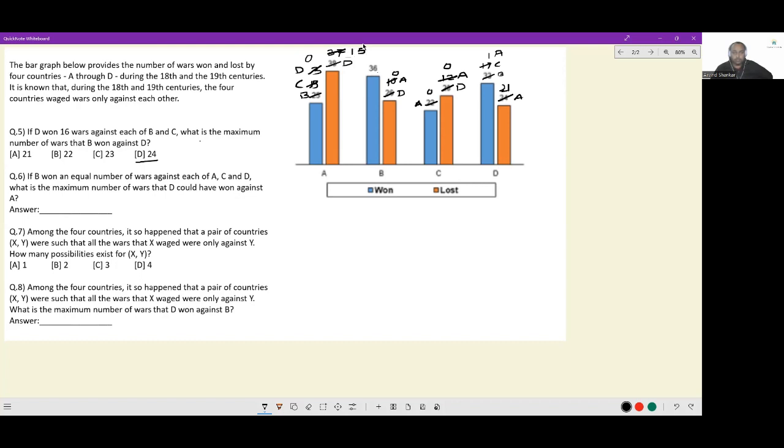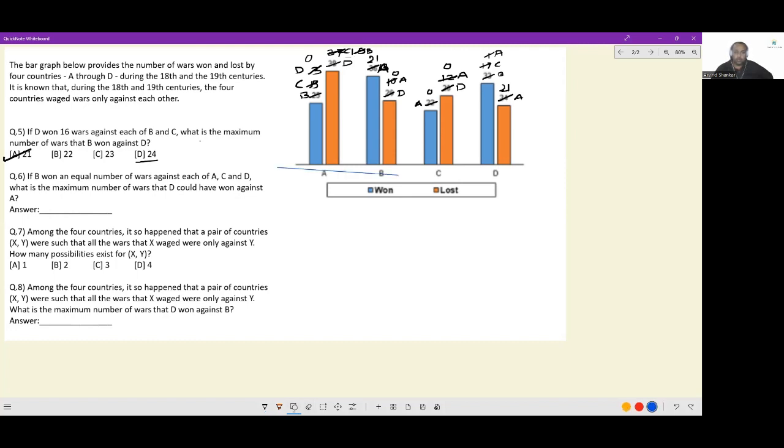This comes to 15 after losing to C. And now see beautifully, B will win against A, 15 matches. Now 21 wins of B are left and 21 losses of D are left. They will play against each other, and maximum number of wars that B won against D will be option A, 21. Nothing else is possible.